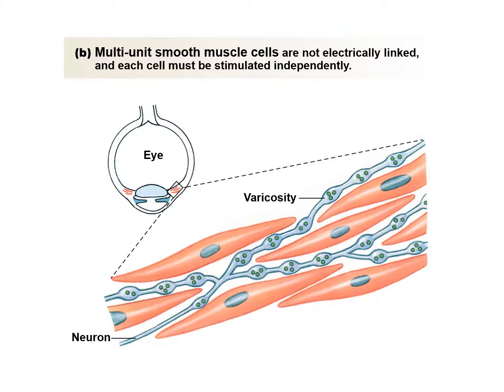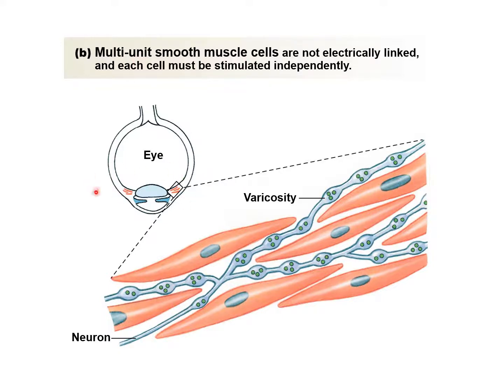Instead of having a podocyte or foot-shaped process, they have these little bulges where they exocytose acetylcholine. So in this case, the muscle fibers are not connected, and we solve this uniform contraction issue through this very complex varicosity mechanism of the neuron. So this is an example of multi-unit.